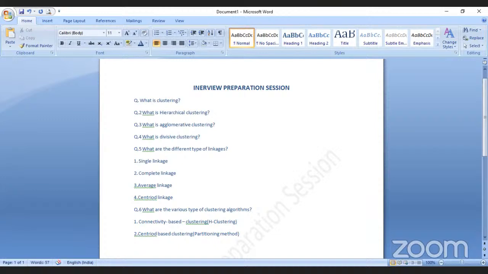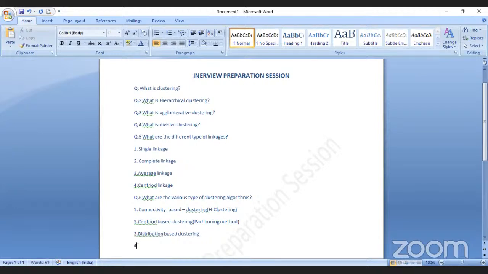Then we have distribution based clustering. Then we have density based clustering method.